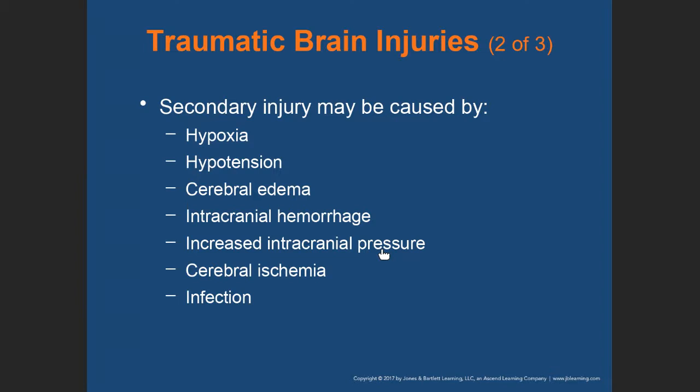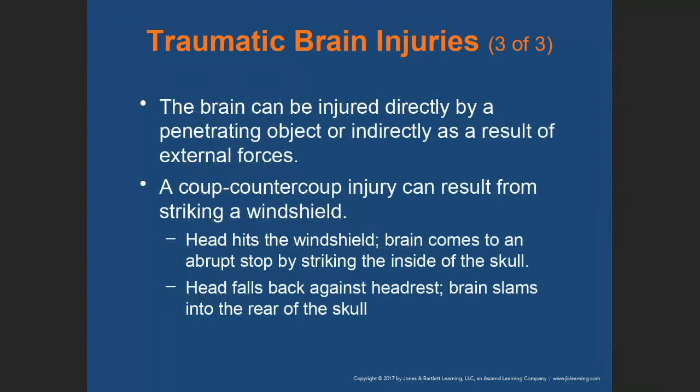The secondary can be linked to cerebral ischemia, lack of oxygen. We know that term by now. Now, the brain can be injured directly by penetrating object or indirectly as a result of external forces. And you can have an anterior portion of the brain being injured and a posterior portion of the brain being injured as well. We call that coup contrecoup. I think that's French for occurring at 2 points or something like that.